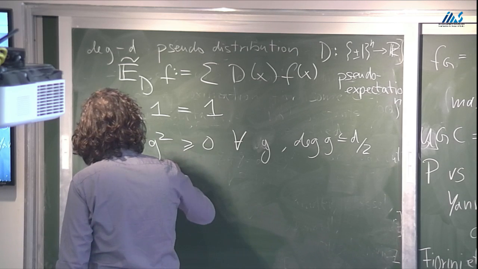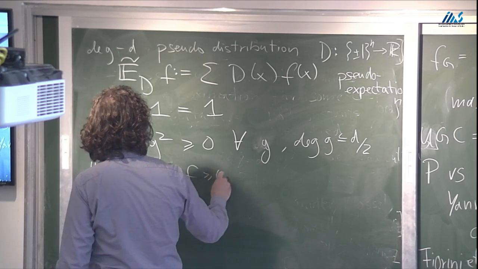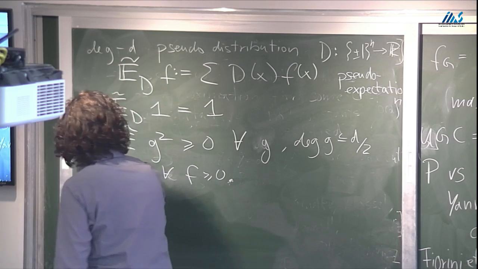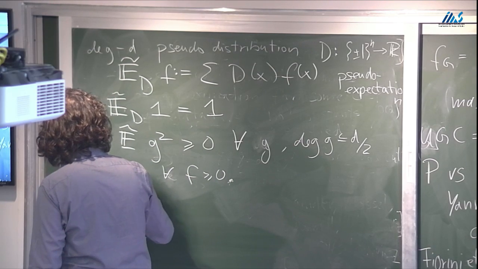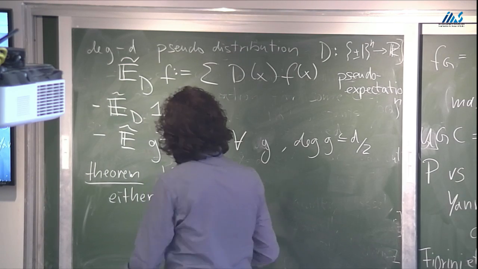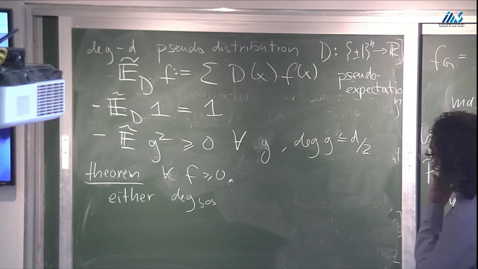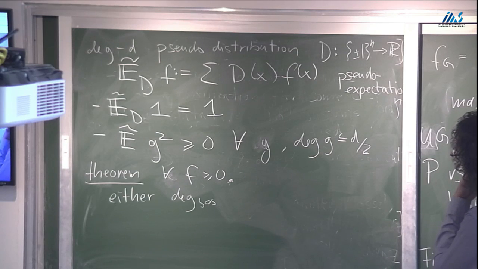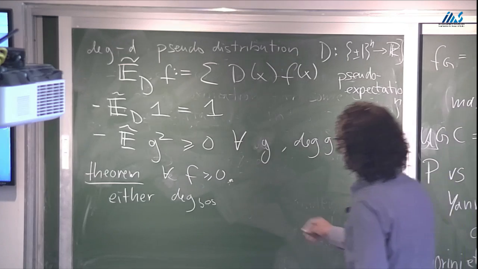So for every non-negative function, either its sum of squares degree... So here, what I'm stating is the duality between pseudo-distributions and sum of squares certificates.